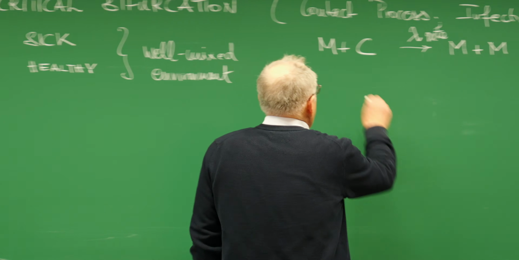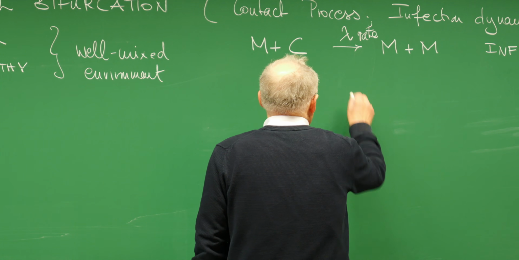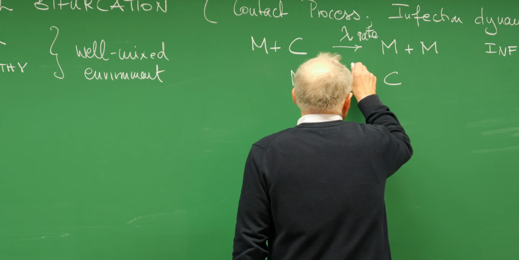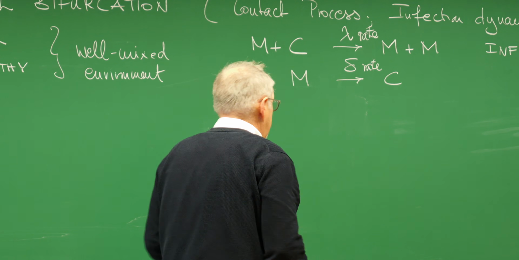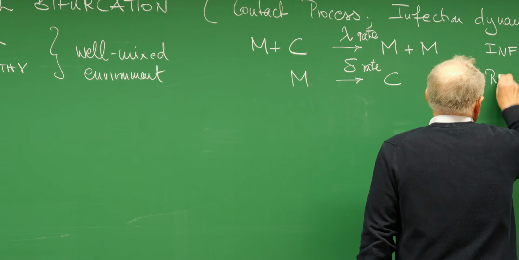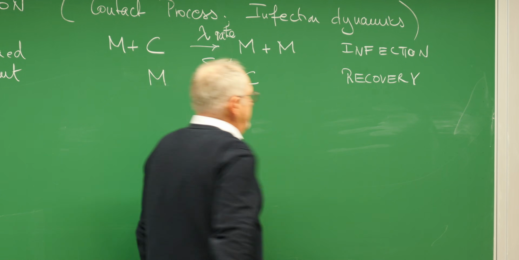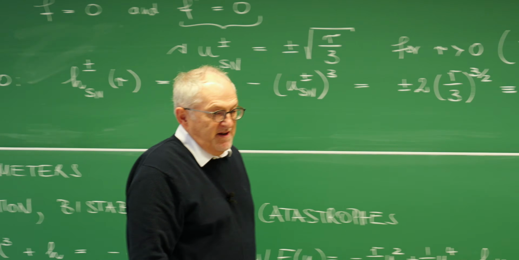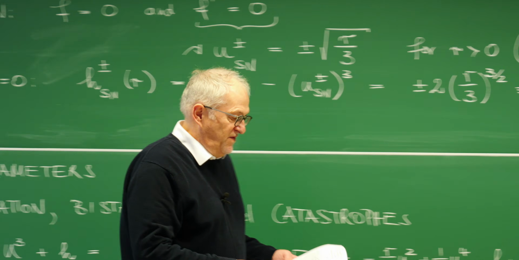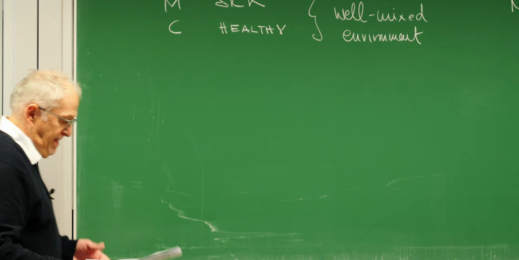Of course, if you are sick, you can become healthy again, and that happens with a rate delta, and that's called recovery. And as you can see, this is a very mild virus. There is no death event happening here. Everybody that gets infected also gets healthy again.